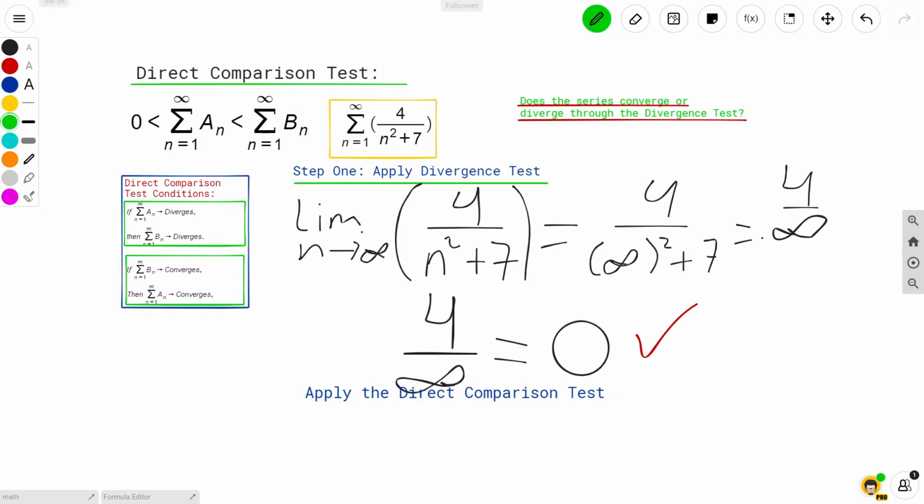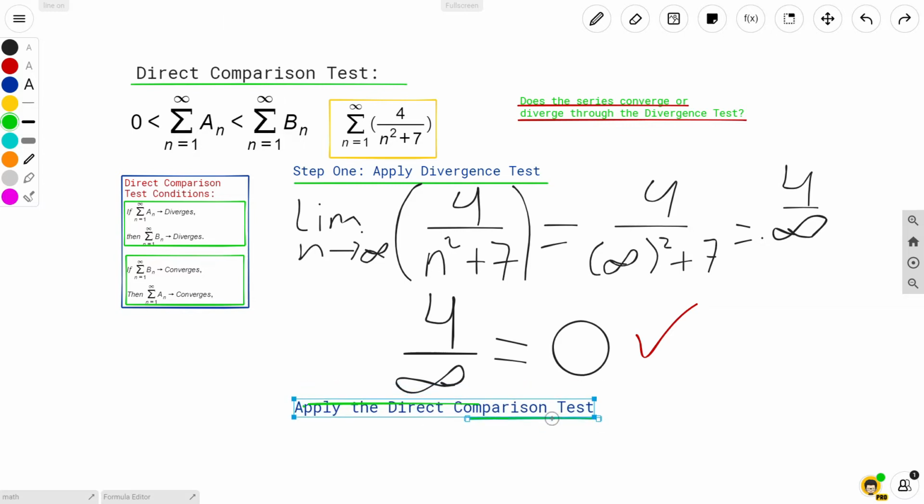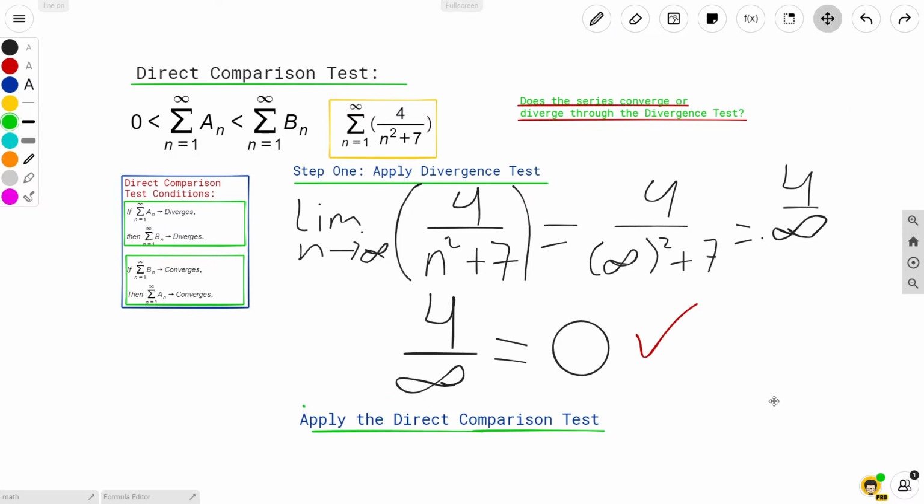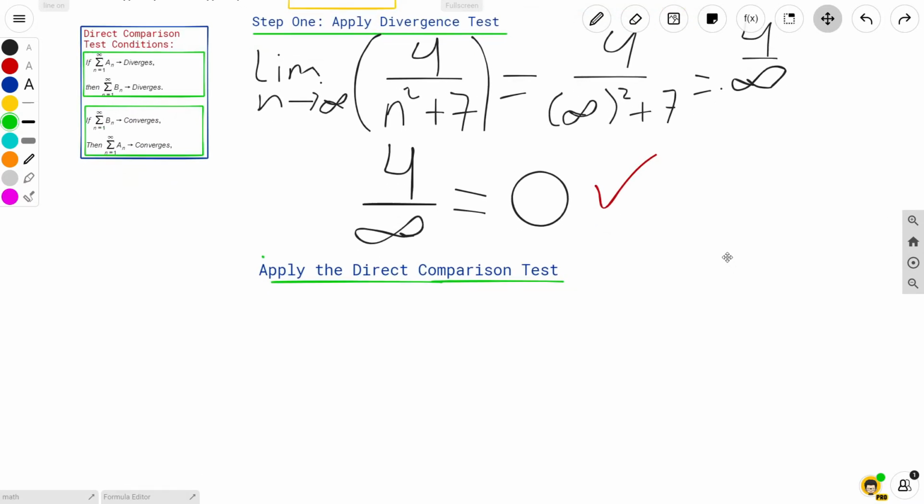Whenever we apply the direct comparison test, it is basically just finding a series that's very similar and comparing them, finding out whether the larger series converges or the smaller series diverges. If we can find out either, then we can determine whether the whole series converges or diverges.